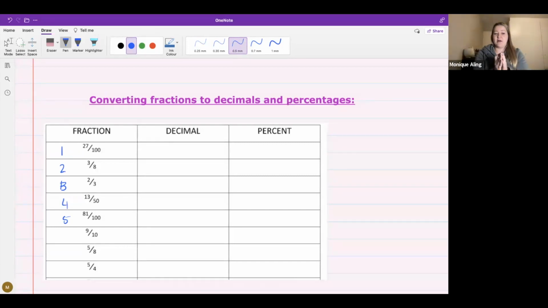Let me know if you need some help. I think I'm actually going to just change it one more time. Let's just do the first 4, because I would like to do some other calculations before time is up. So we first convert the fraction to a decimal, and then we convert it to a percentage. 2 decimal places where possible.